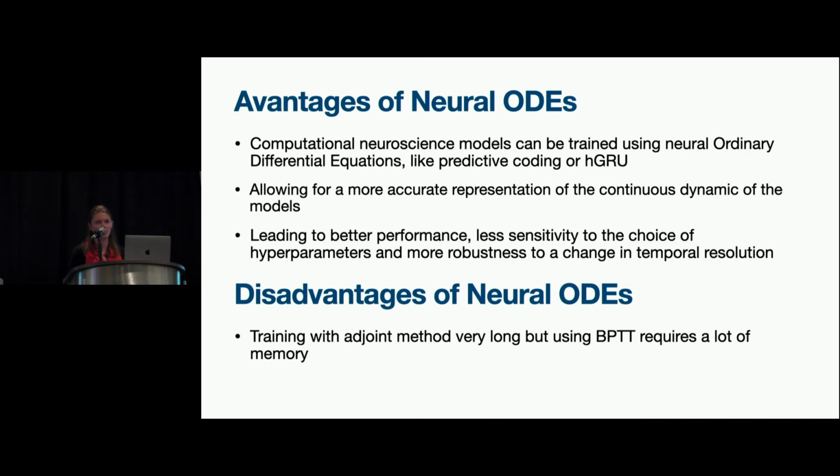So as I mentioned, this method has some disadvantages. The first one is, we saw that the backward pass doesn't affect the performance, but it's just a trade-off between the resources you have. The backpropagation algorithm is costly in terms of memory, especially if we want to use solvers with a lot of time steps.